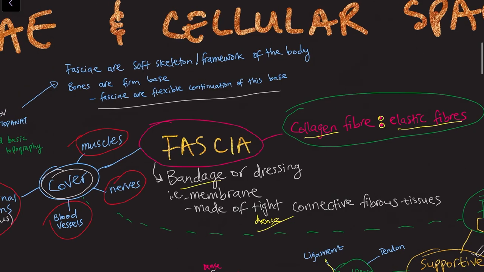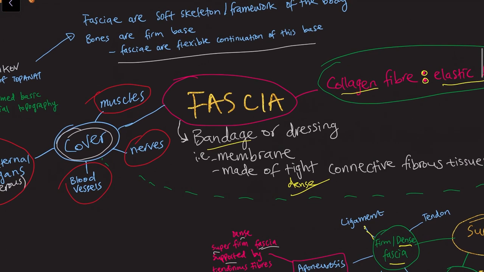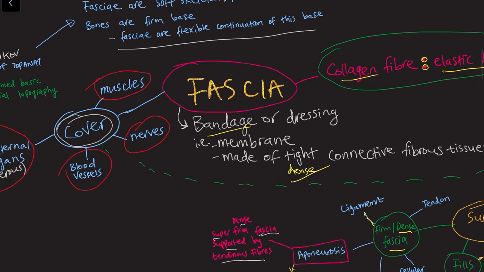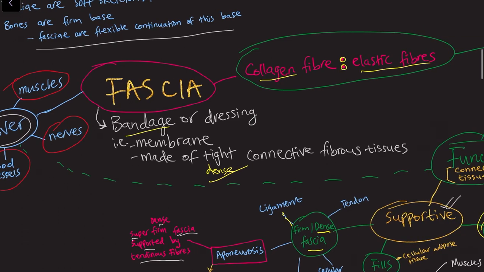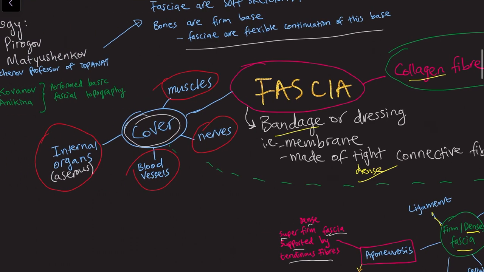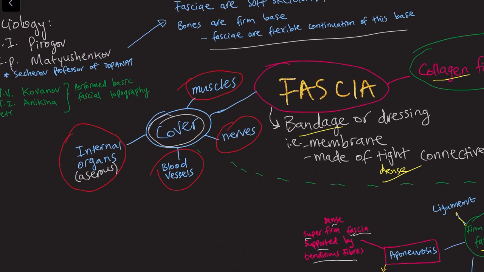Now, the fascia is by definition a bandage or a dressing or a covering, meaning it is a membrane made up of tight, dense, connective, fibrous tissue that covers muscles, nerves, blood vessels, as well as internal organs, serous internal organs.